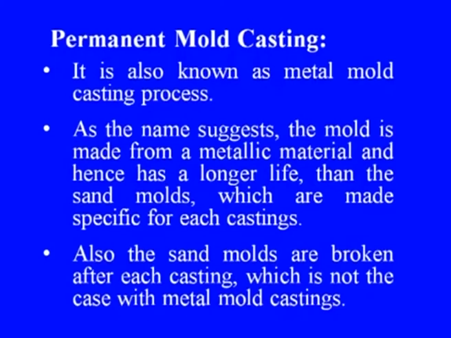The permanent mold casting is also known as metal mold casting process. As the name suggests, the mold is made from a metallic material and hence has a longer life than the sand molds, which are made specific for its castings.